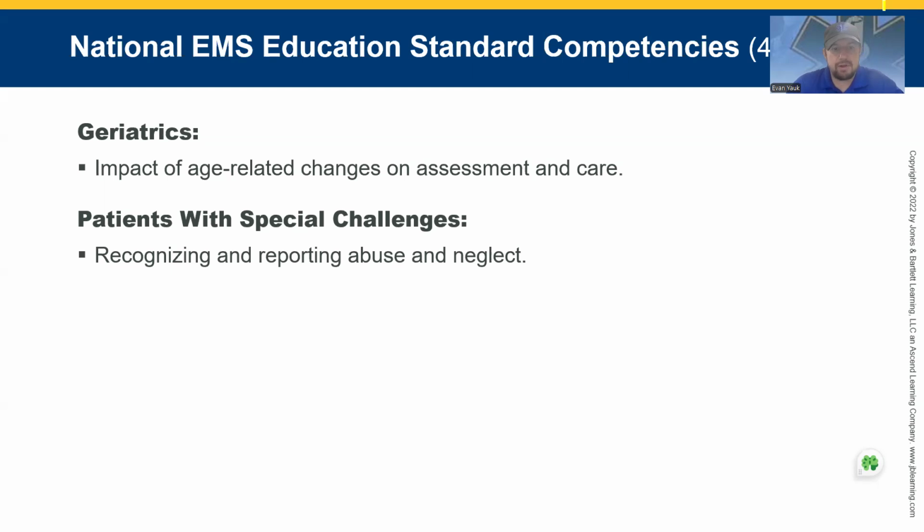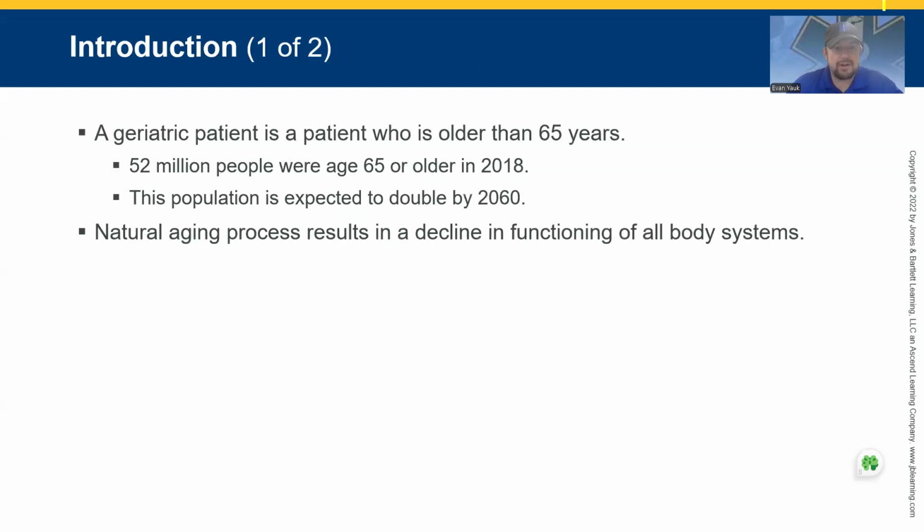So we're going to talk about patients with some of those special challenges too, how we recognize and report abuse and neglect. A geriatric patient is a patient who is older than 65 years. There's 52 million people were age 65 or older in 2018. I know that's a little bit dated. This population is expected to double by 2060.